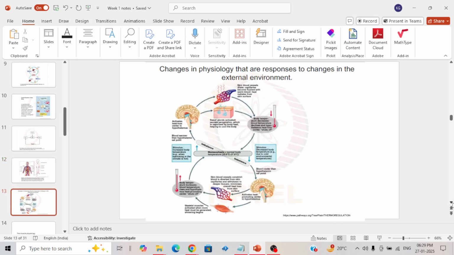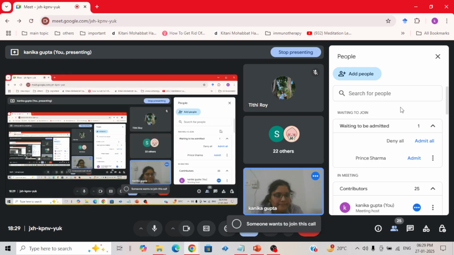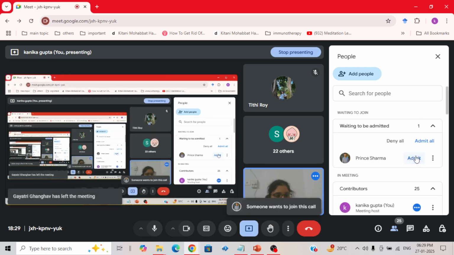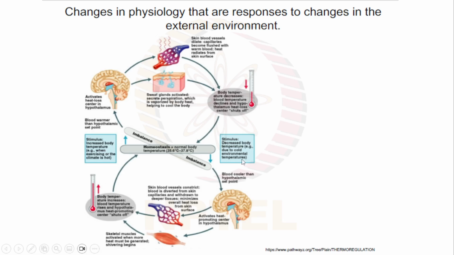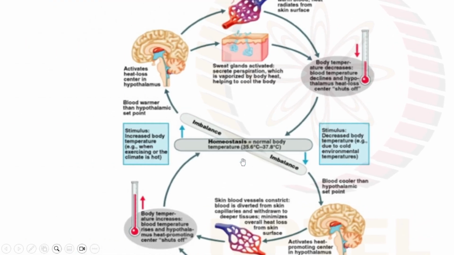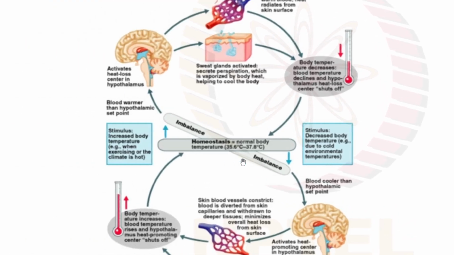Okay, so the next thing is the changes in the physiology that are responsible for changes in the external environment. As I told you earlier, there are changes in the physiological conditions depending upon the external environment.